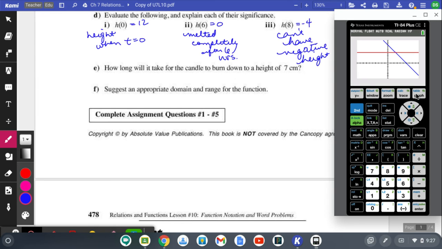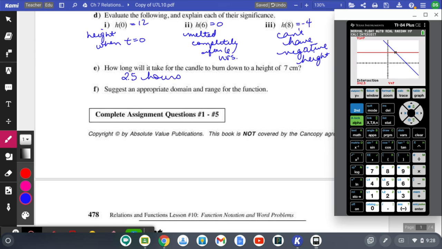Second function, calculate, intersection. Enter, enter, enter, and you get 2.5. What is 2.5? 2.5 hours. Good.